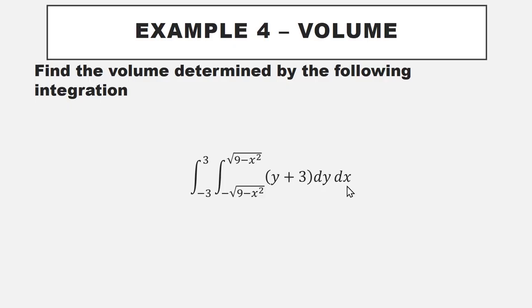And then we're integrating with respect to x from negative 3 to positive 3. So let's do the calculation, and then I'll talk about what we're integrating over here with this type of integration, what region we've just integrated over. But first, let's do the calculations.